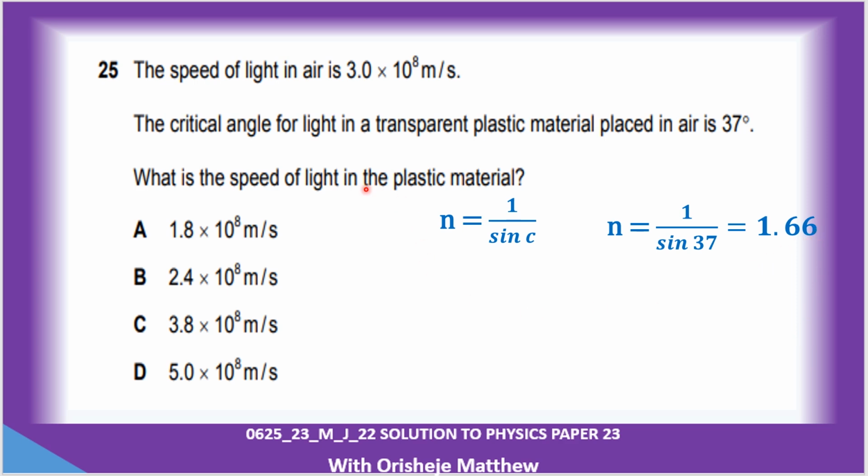Then we can now relate the speed of light in air to the speed of light in the plastic. The refractive index is equal to the speed of light in air over the speed of light in the plastic. So we substitute.